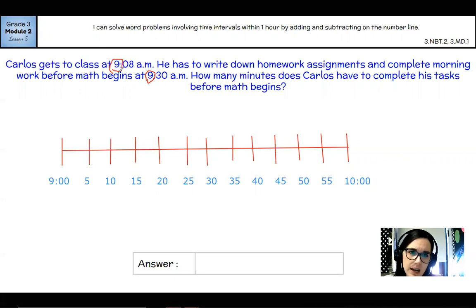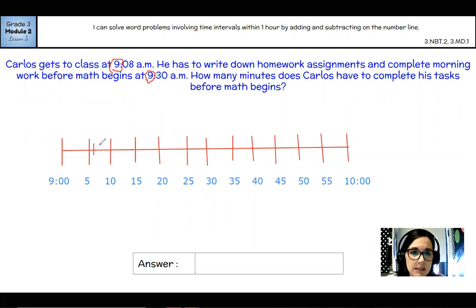So I can look at this hour, 9 o'clock, and I know that what comes after 9? 10, right? So 1 hour after 9 o'clock is 10 o'clock. He gets to class at 9:08. So I've got to find where 8 is going to go, right? I know 8 comes between 5 and 10, so I'm going to draw in my 4 tick marks to represent the 4 minutes that come between 5 and 10.